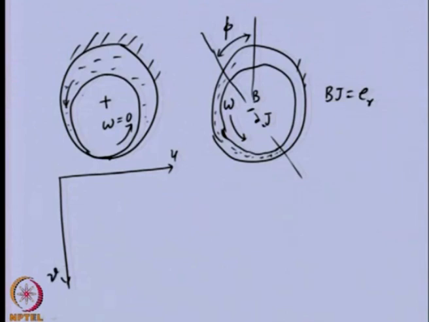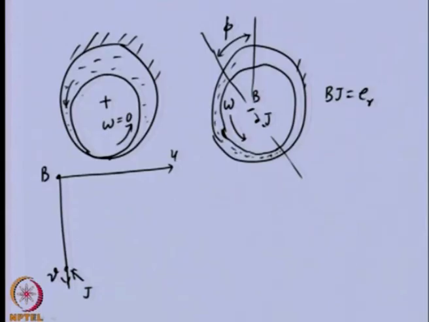So, if we want to plot the journal motion, how it changes its location with respect to speed, because for a particular speed it occupies a certain position inside the bearing, you can see that at rest it is here. This is the journal center, this is the bearing center.